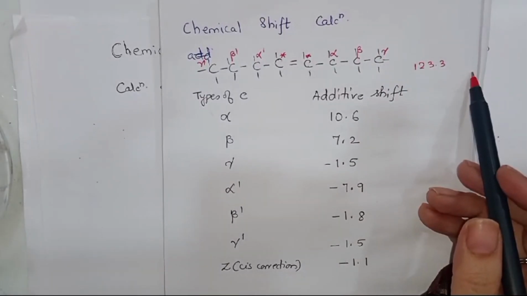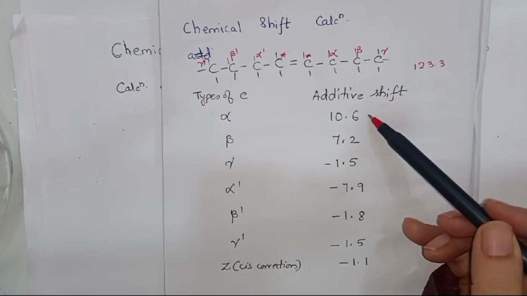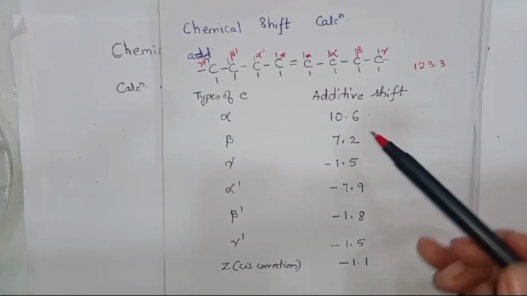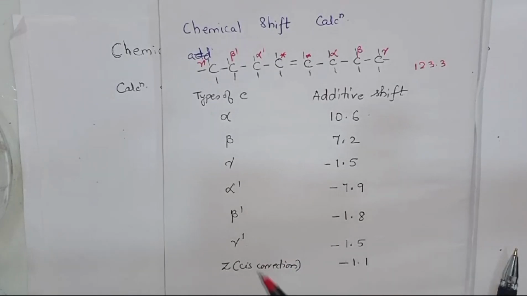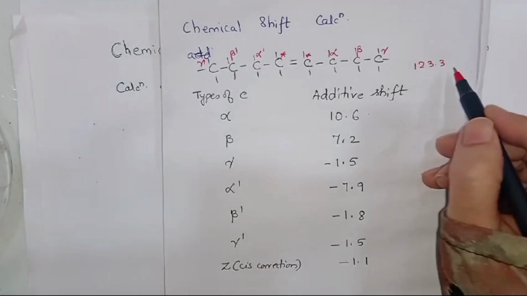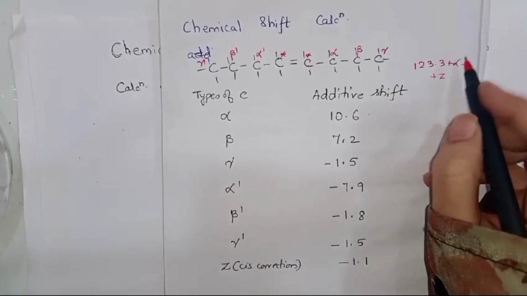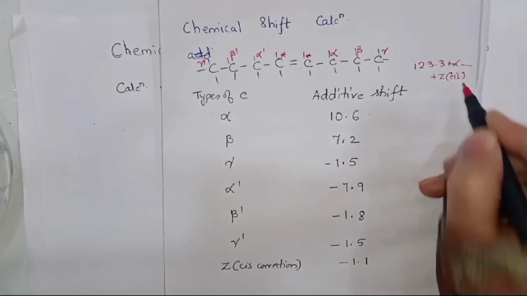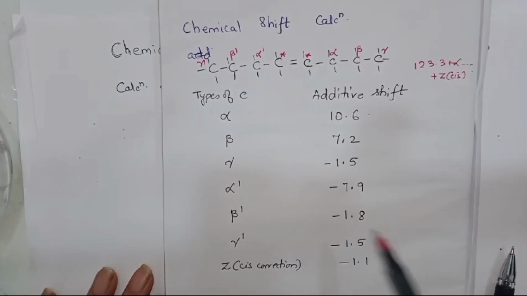This is the base value to which we will add the additive shift due to alpha, beta, alpha dash or alpha 1 or beta 1, gamma 1, plus the Z correction, or you can say plus the Z cis correction. So in this way we will do the calculation. Let us start with an example.